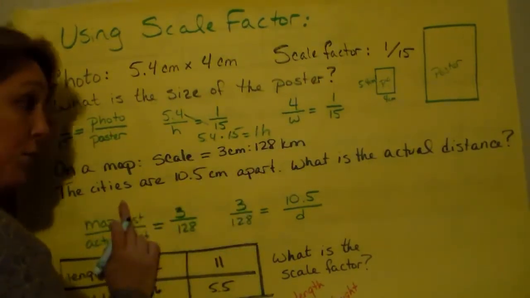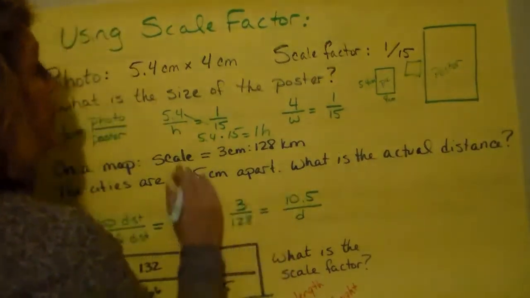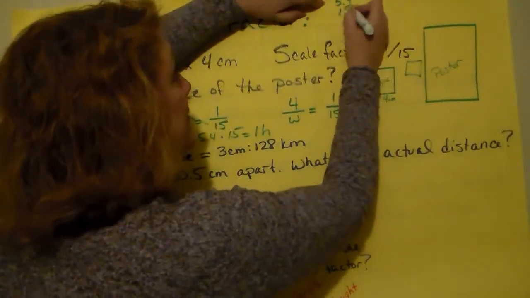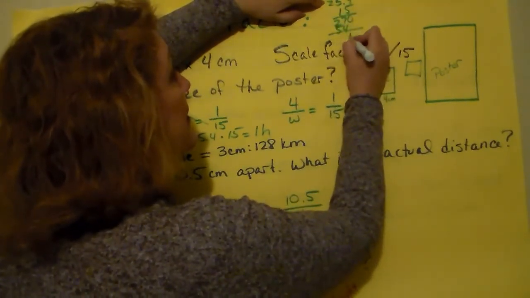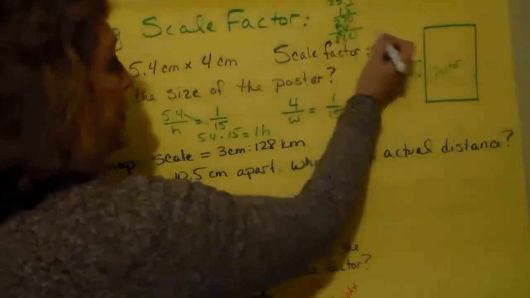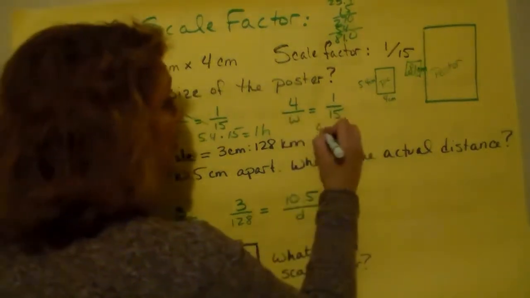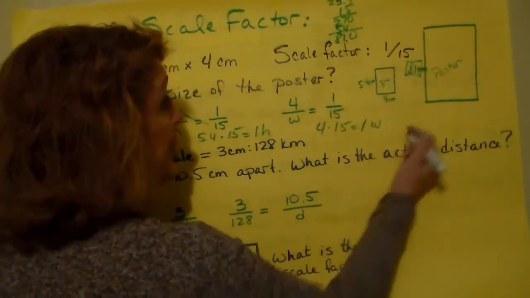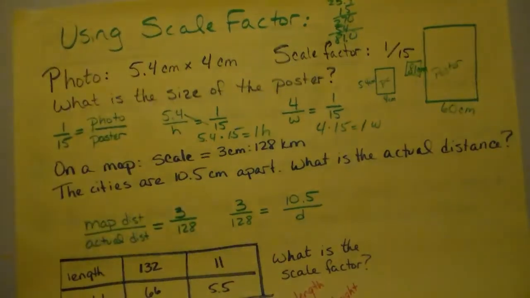So all I have to do here is multiply 5.4 times 15 to get this size. 5.4 times 15 is 81 centimeters tall. And this one, 4 times 15 equals 1w. So I know that the width is going to be 60 centimeters because I can do that in my head.